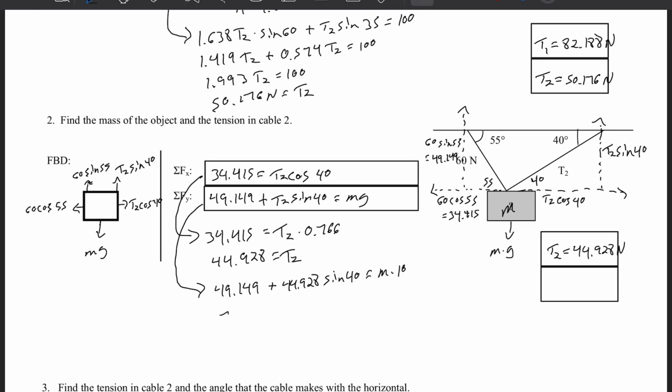When I do that, the value I get is 78.028 is equal to mg, and of course g is 10, so m times 10. So divide both sides by 10, I get 7.803 if we round. So mass is 7.803 kilograms.